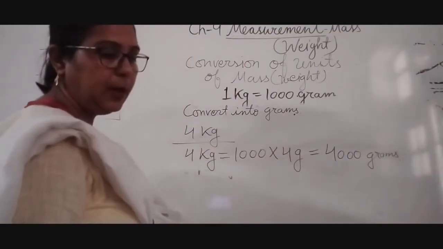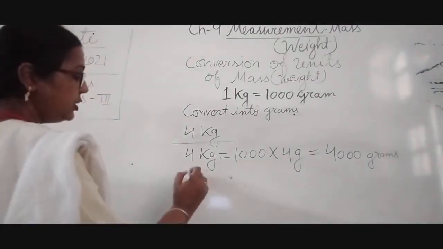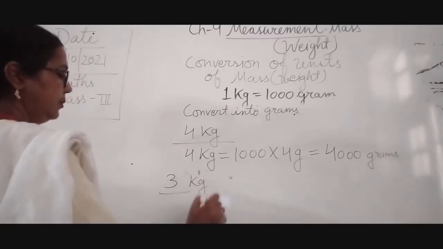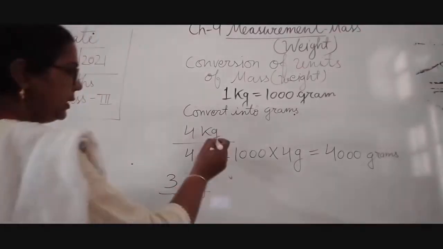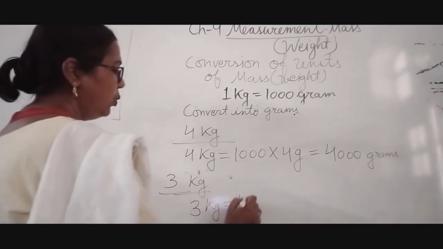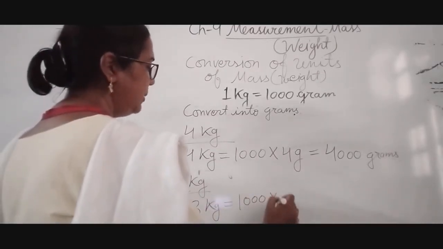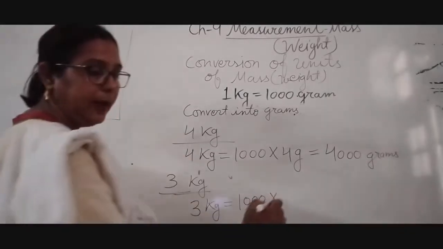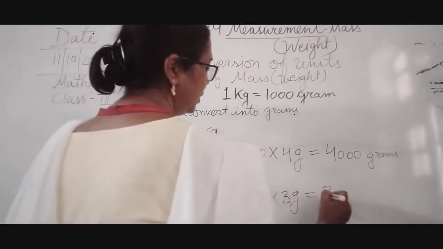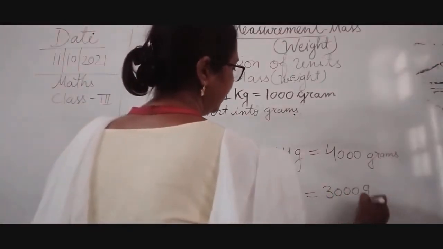Okay, now suppose 3 kg we are going to convert into grams. So we will write 3 kg equal to 1000 multiplied by 3 grams, equal to 3000 grams.